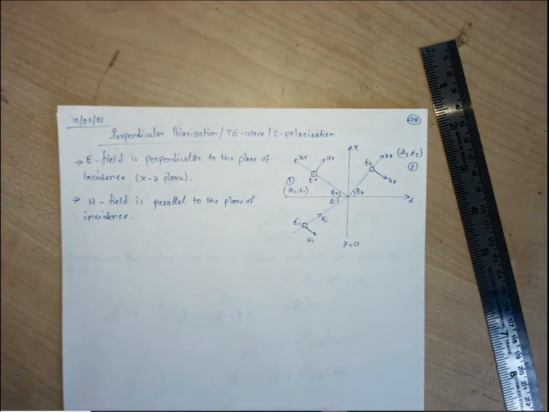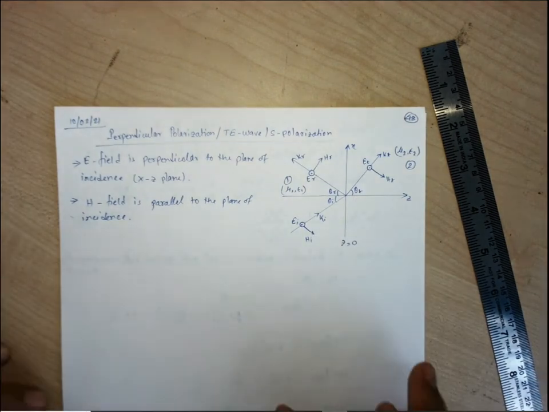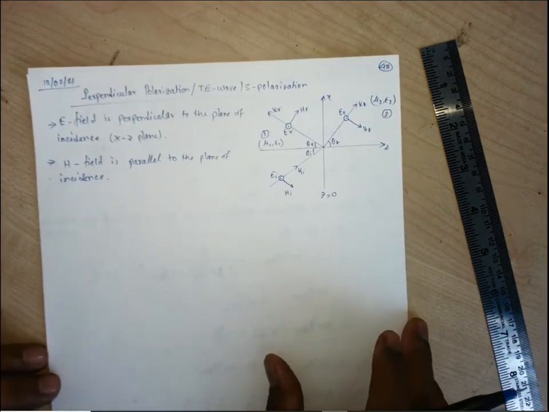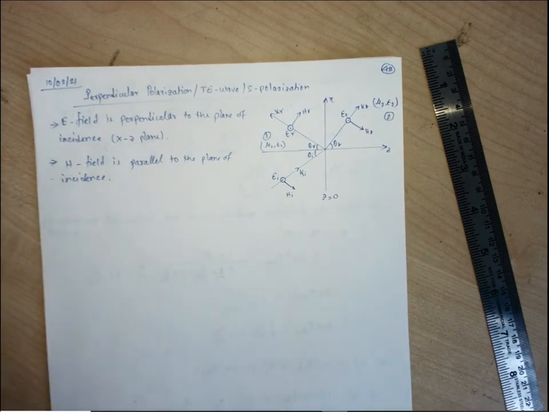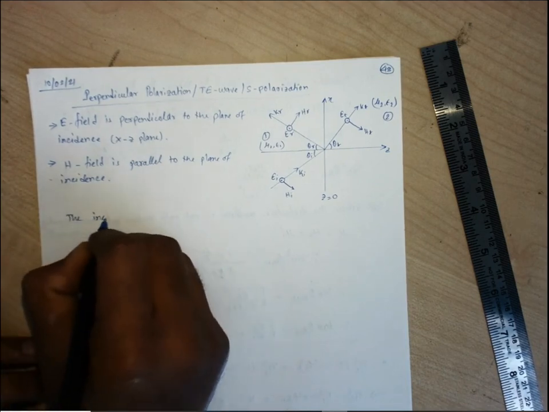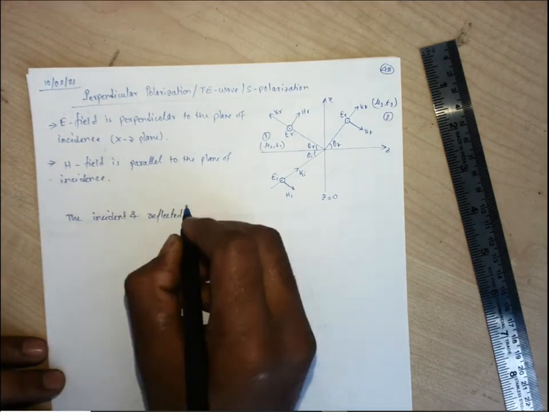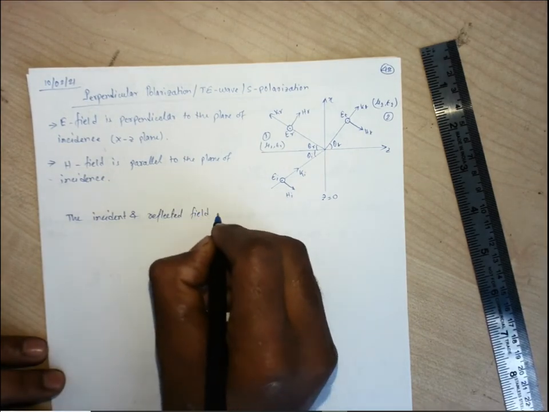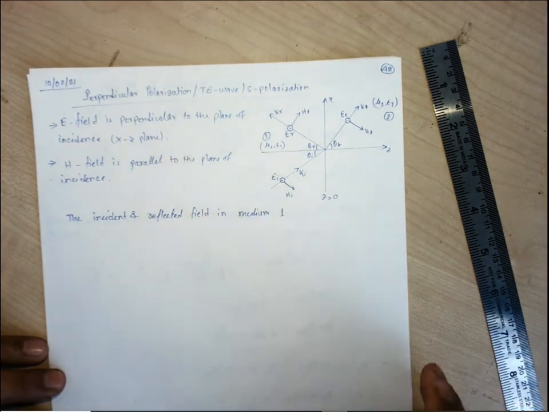But here, the electric field is not changing its direction at all. So we need to go with the incident and reflected fields in medium 1, and the incident and transmitted fields in medium 2.